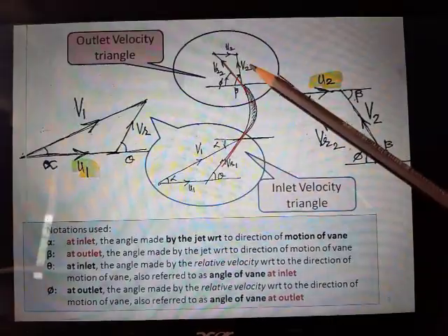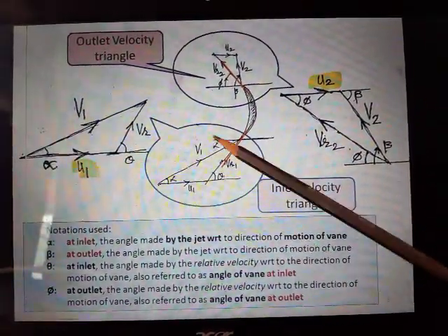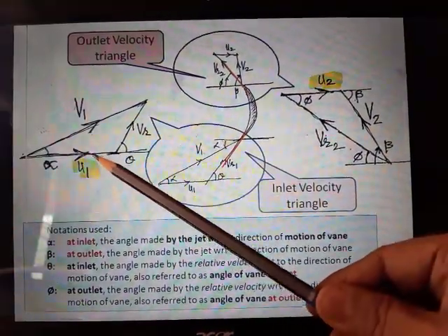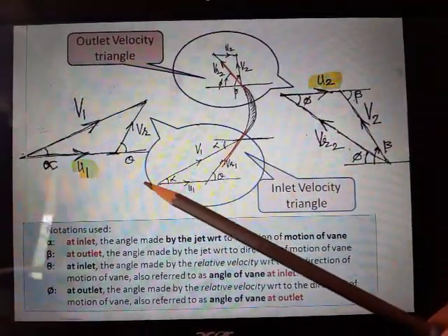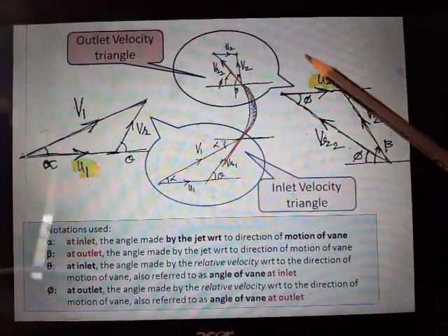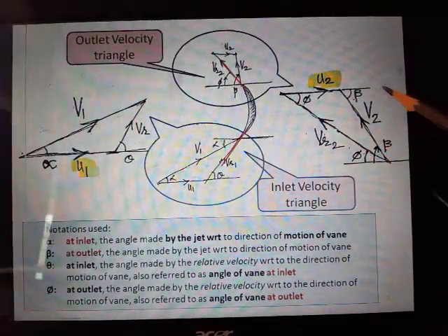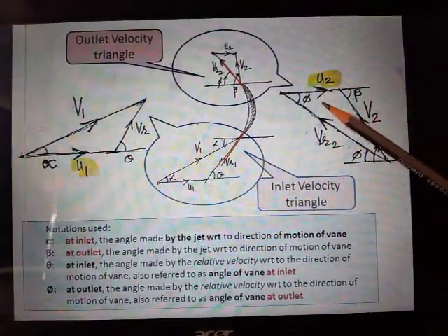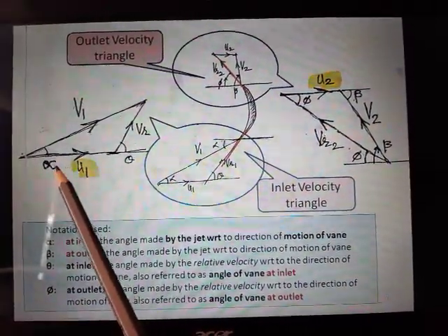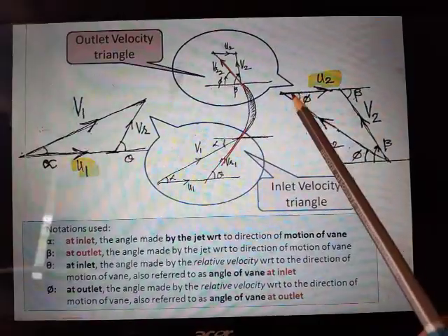What you should observe in the inlet and outlet velocity triangles, the common thing, is that the same triangle has been shown here in a more detailed manner. The outlet velocity triangle is also shown here so that one can understand it clearly. The common thing that one can observe here is the velocity of the vane, which is represented by U, is horizontal.